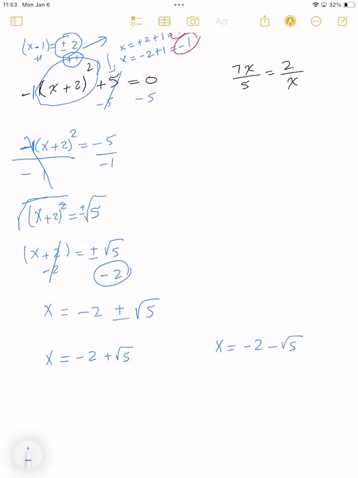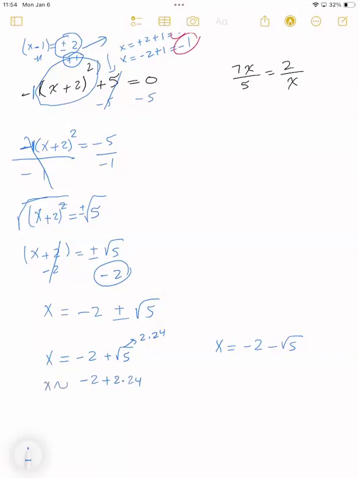But if you want to find your estimation, the square root of 5 is about 2.23 or 2.24. So then you go -2 plus 2.24.